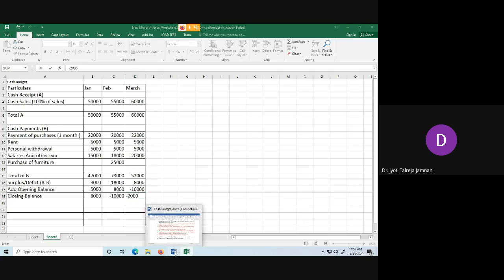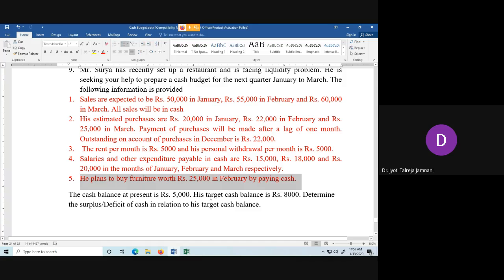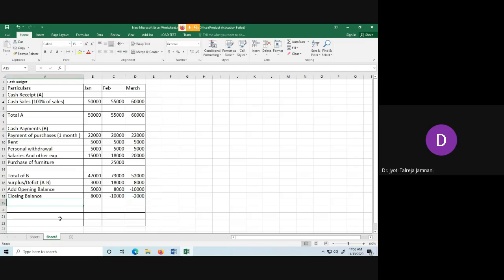Okay. Now they have told that the target cash balance should be 8,000. So we need to see what is happening. Determine the surplus or deficit of cash in relation to the target cash balance. So like we did in the previous sum, we will write here less minimum balance required or target cash balance.